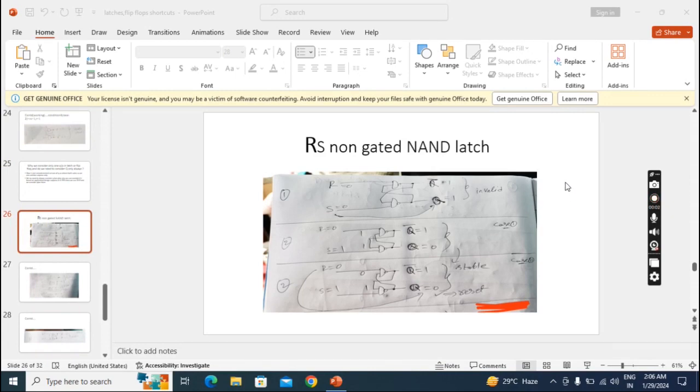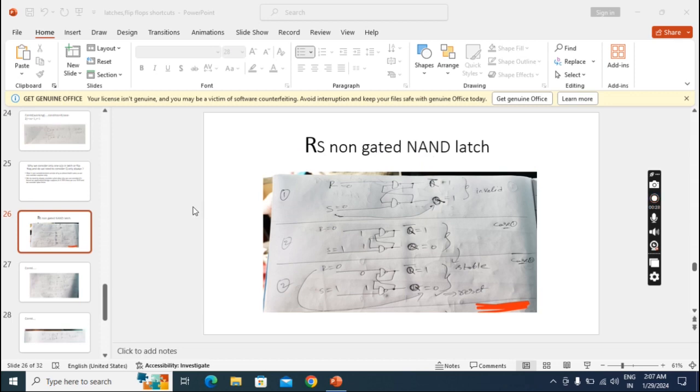Some of my students are asking, sir, whether it is an SR latch or an RS latch. We can call it an SR latch or an RS latch. The first lecture I uploaded, I named as SR, that is SR NAND non-gated latch. So here, to clarify, I have taken RS non-gated NAND latch.